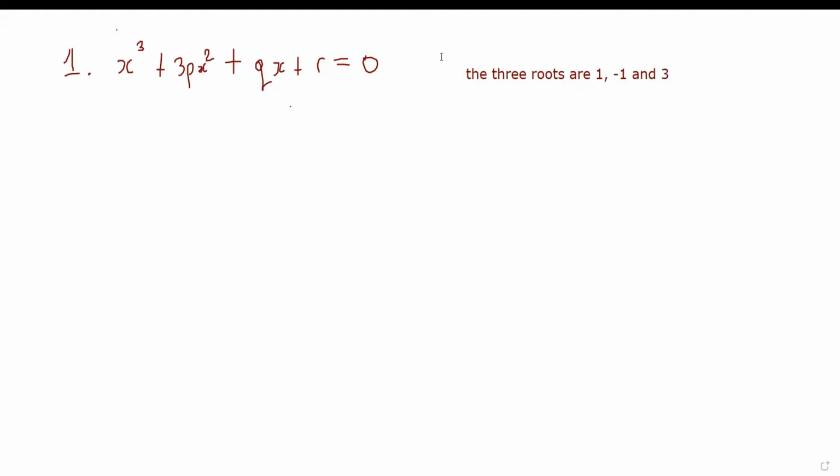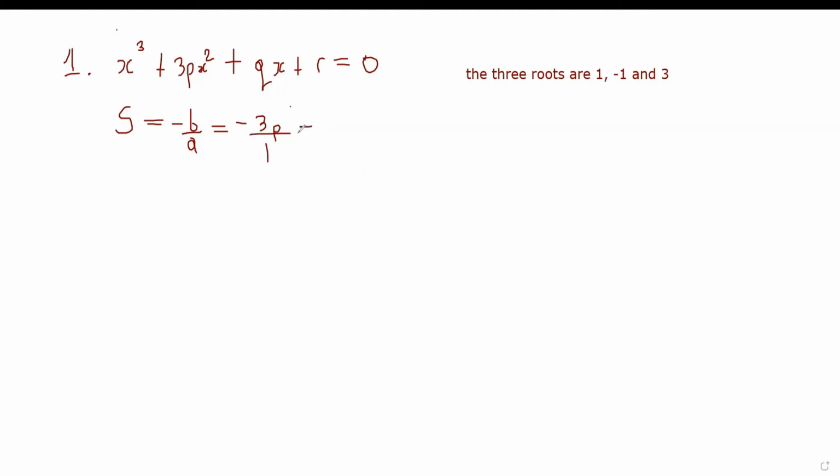Now there are many ways to find p, q, and r. Method 1 is using sum and products of roots. Remember that the sum of the three roots is minus b over a. So from this, it would be minus 3p over 1.